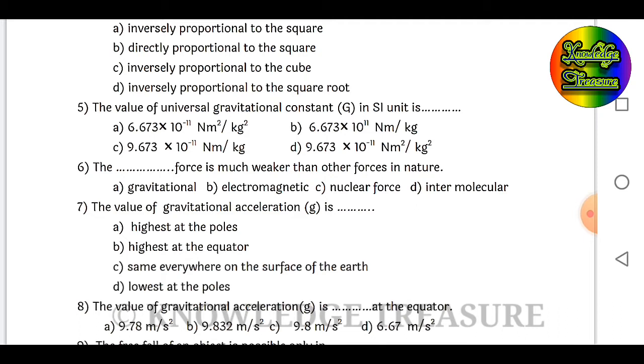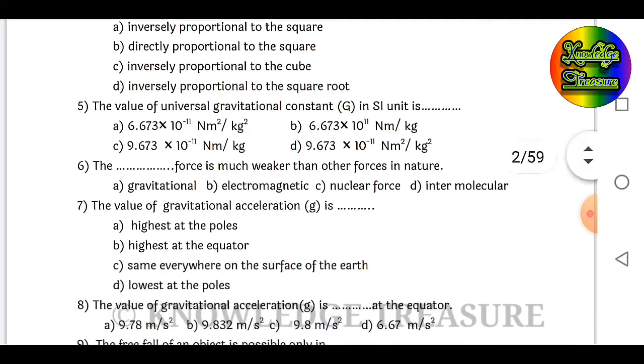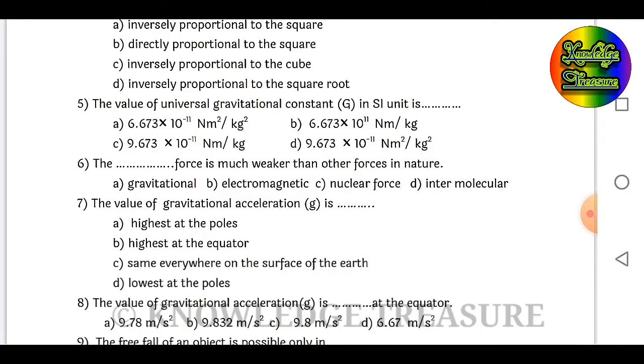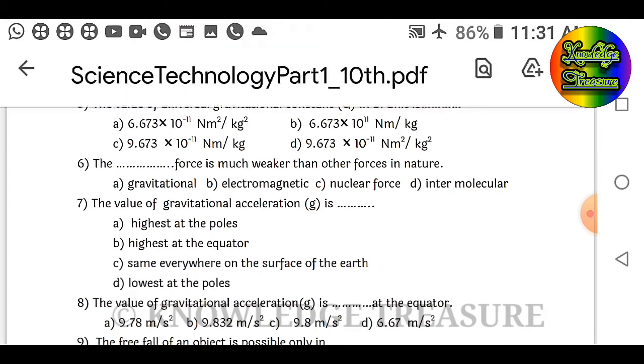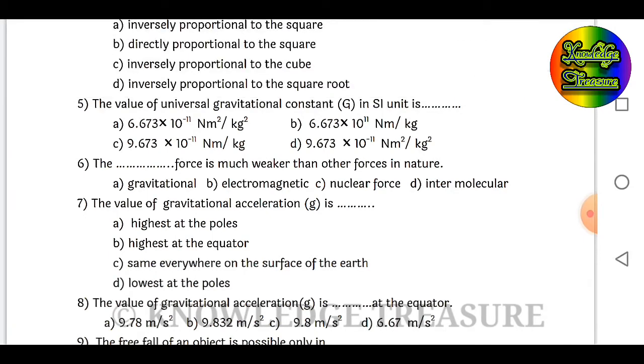Fifth, the value of universal gravitational constant in SI unit is: A. 6.673 multiplied by 10 power minus 11 Newton meter square per kilogram square. B. 6.673 multiplied by 10 power 11 Newton meter per kilogram. C. 9.673 multiplied by 10 power minus 11 Newton meter per kilogram.